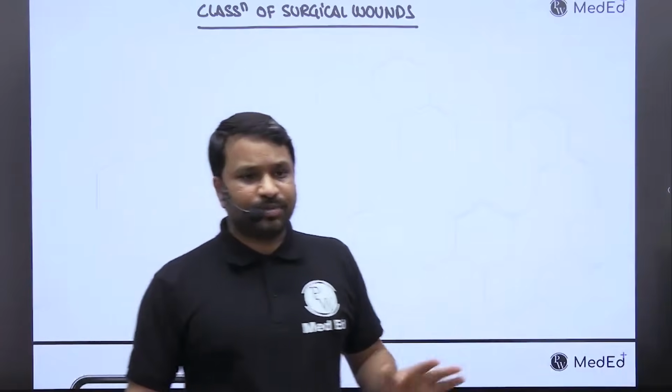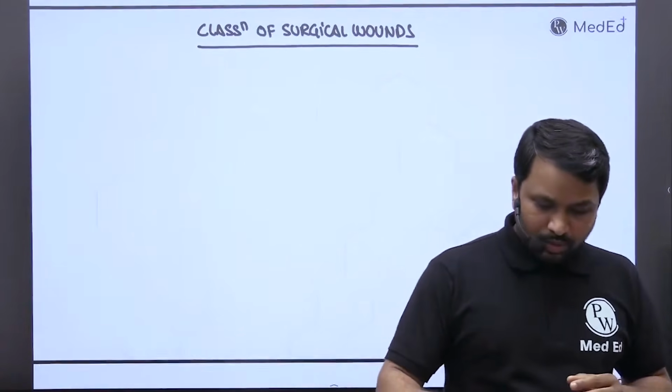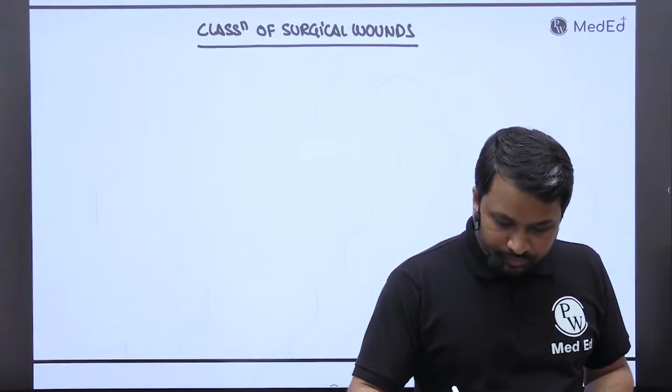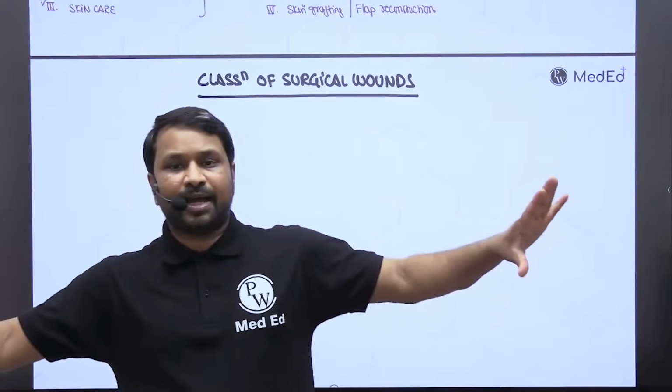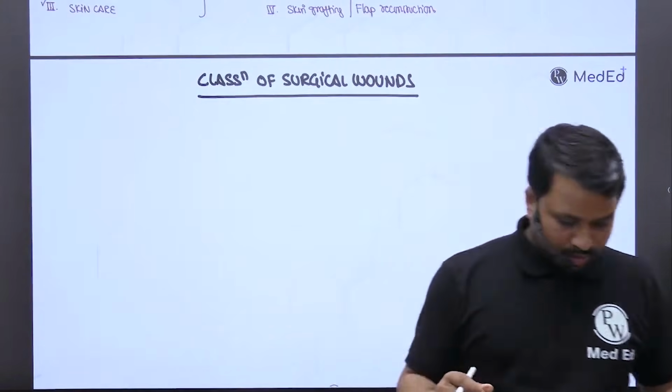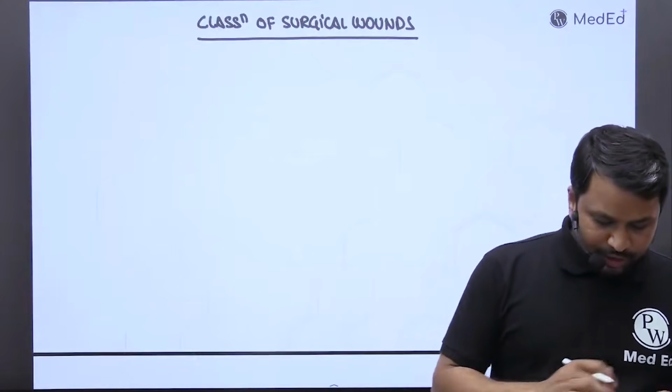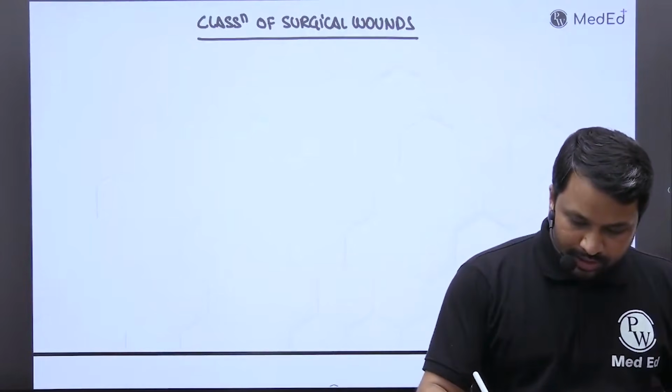So rather than trying to remember the classification in one go, we'll try to give it as a tabular column so that you don't forget it. Okay? Now, when you talk about the classification of the surgical wound, I'll create a small table.